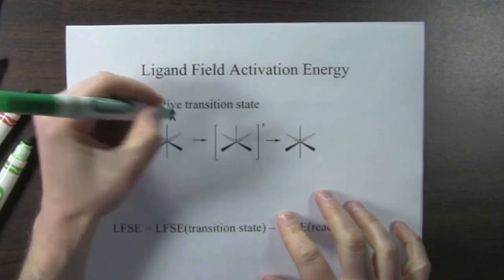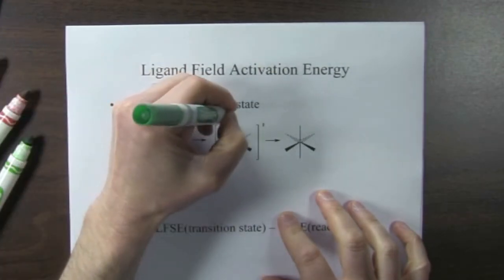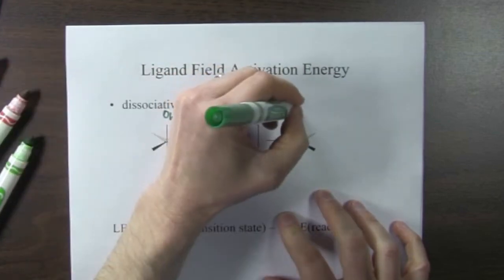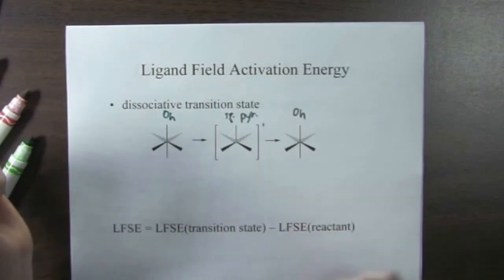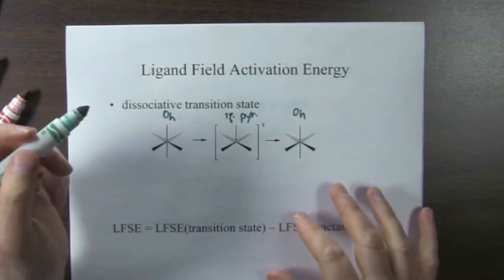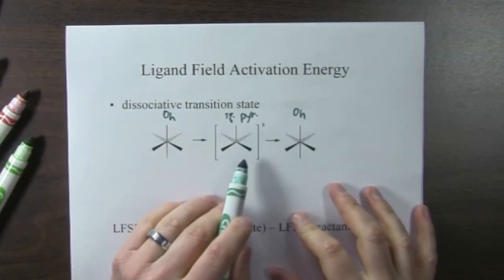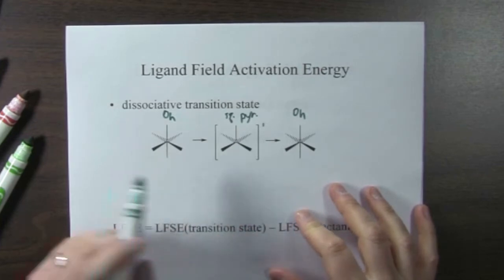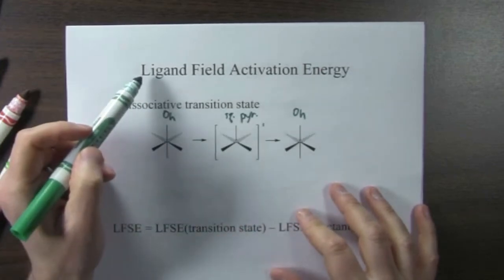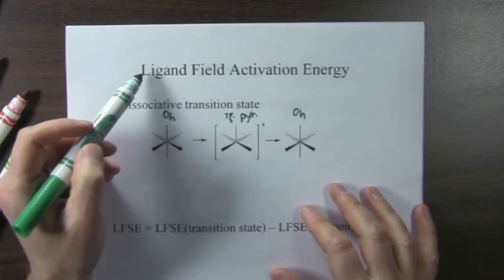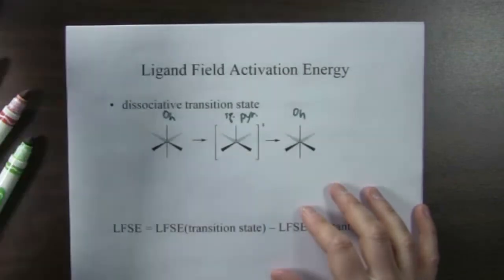So if we have an octahedron reactant, square pyramid intermediate, and an octahedron product, or square pyramidal transition state, we can look at how the electronics are going to affect the energies, and we'll do that by looking at what's called ligand field activation energy.